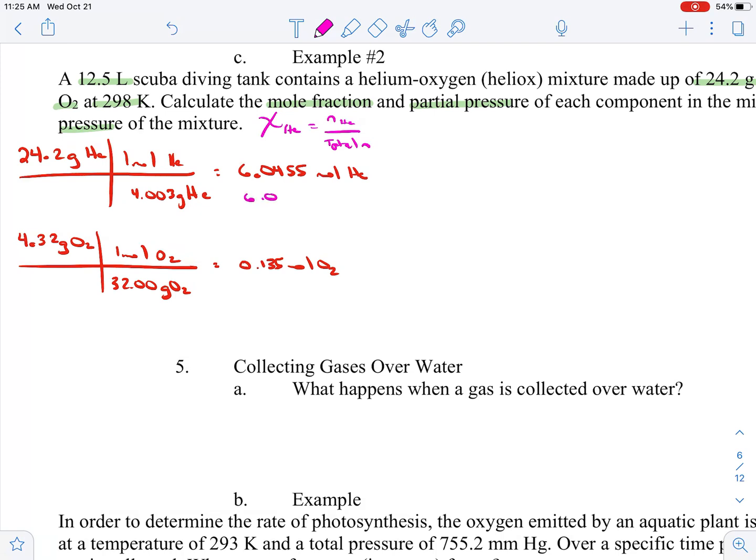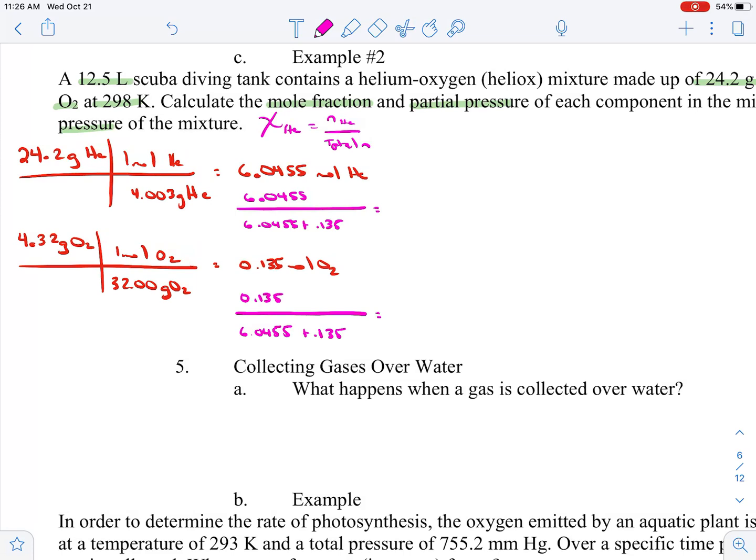We're going to take 6.0455, this is for helium, over 6.0455 plus that 0.135. This is going to give us our mole fraction of each. So for oxygen, we're going to take 0.135 over 6.0455 plus 0.135.